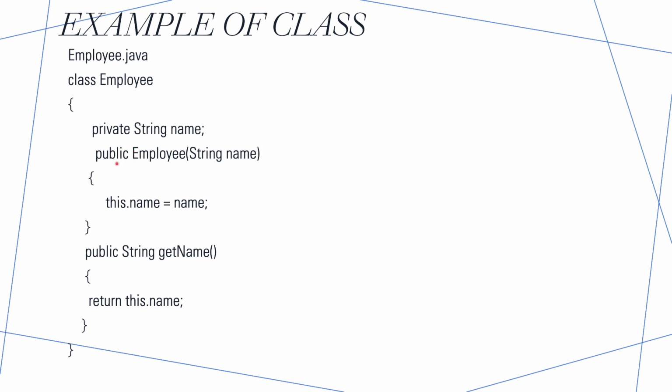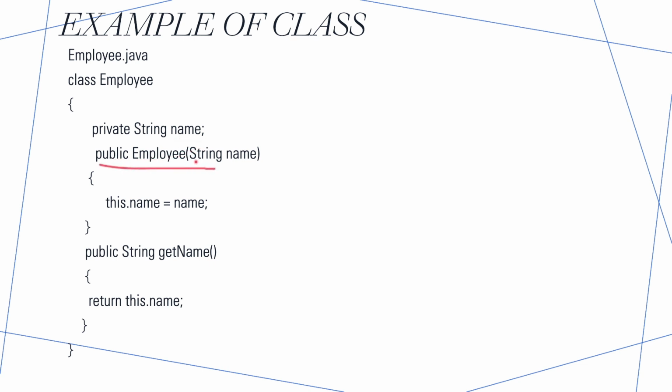So a method that does not have a return type and has the same name as the class is known as a constructor. A constructor is always called when we create an object, and it is used to initialize the instance variables. Here we need to give the value of name while we create the object, right? So this can be done using a constructor.